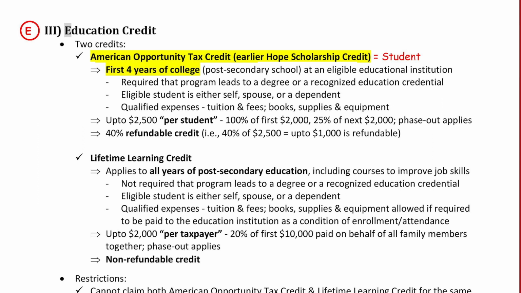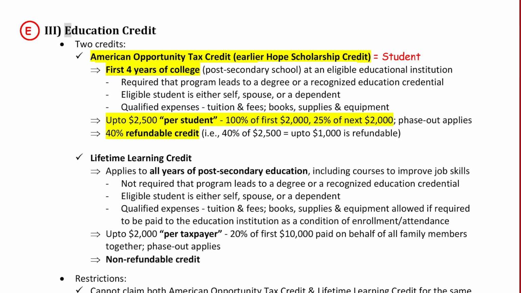This credit is up to $2,500 per student, where the credit is available for 100% of the first $2,000 of qualified expenses and 25% of the next $2,000 of qualified expenses. And this is a 40% refundable credit, which means that 40% of $2,500, that's up to $1,000, is refundable.